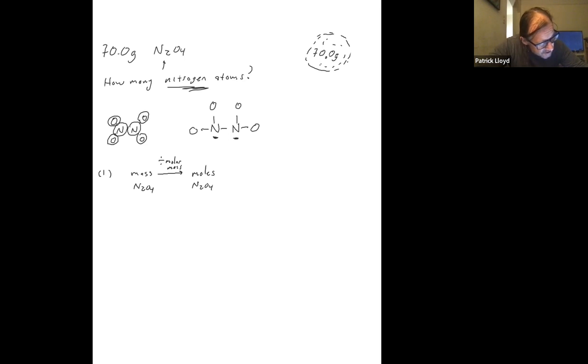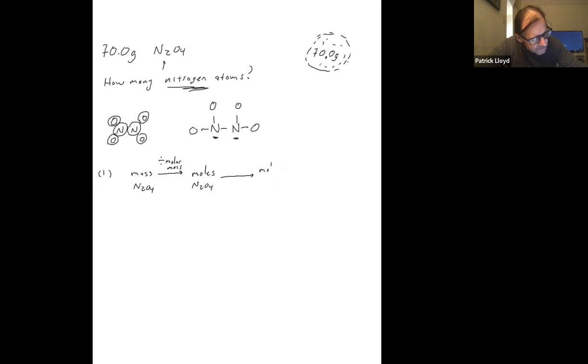Then in the second step, what we really want to do is convert it to the number of atoms of N. Okay. How many atoms of N are there? Let me change this a little bit.